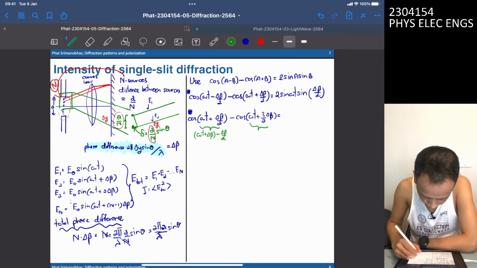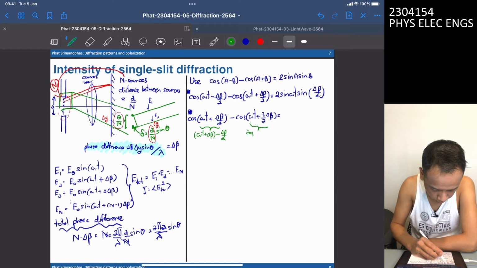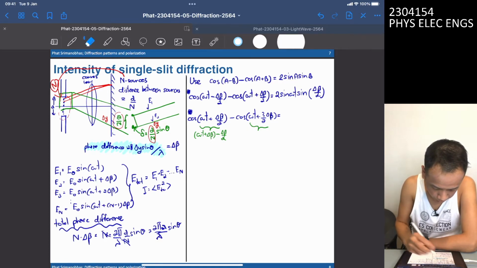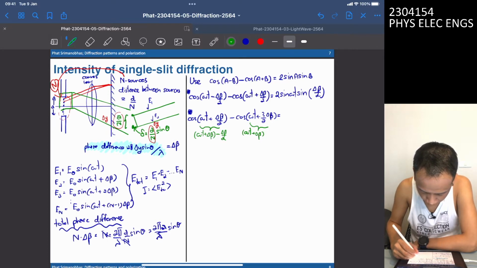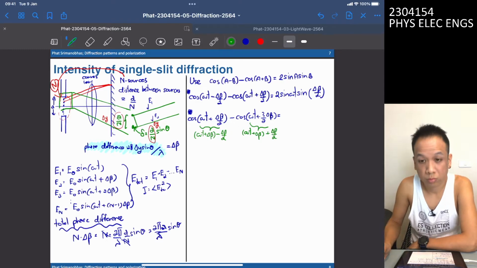This term is cosine of omega t plus delta beta, and then plus delta beta over 2.